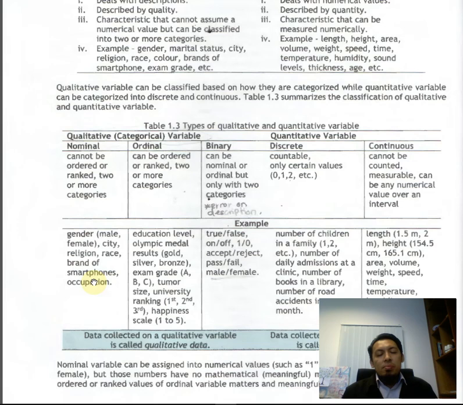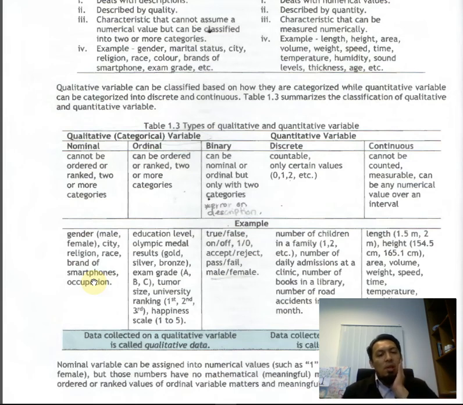And then next we have ordinal. Ordinal here is qualitative, but it has one extra feature that can be done, which is we can order it. We can actually arrange it, or it can be ranked.